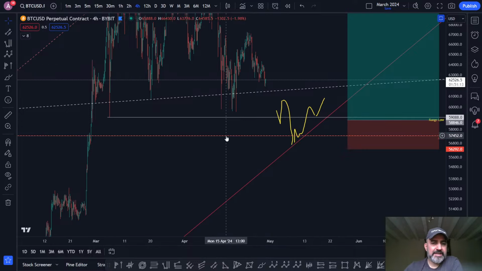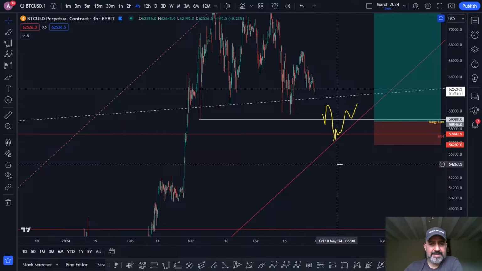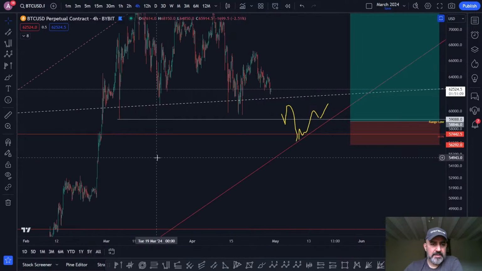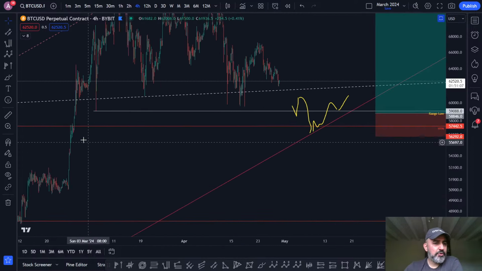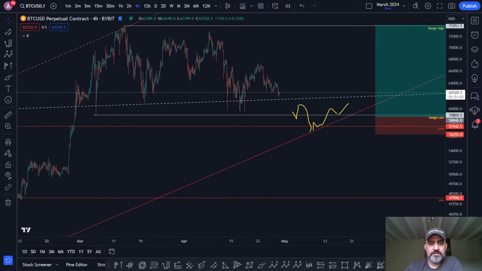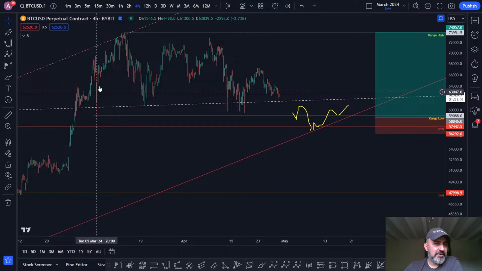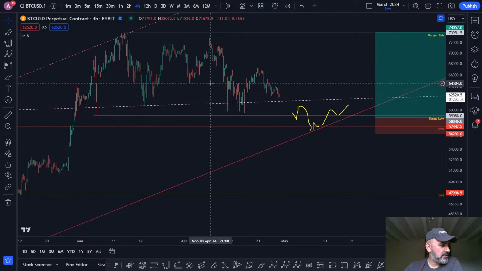And the reason why this is so important, I'll explain. Because there are bearish people who shorted at that level, and they've been shorting this whole range.